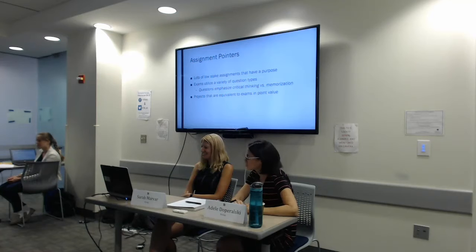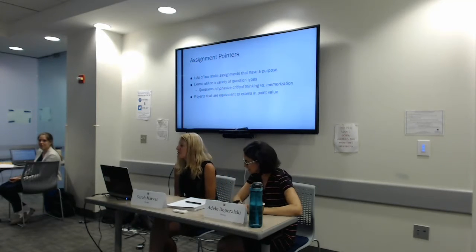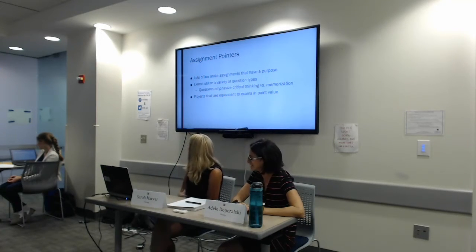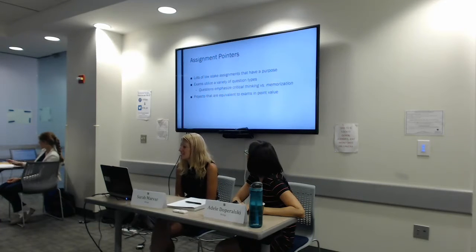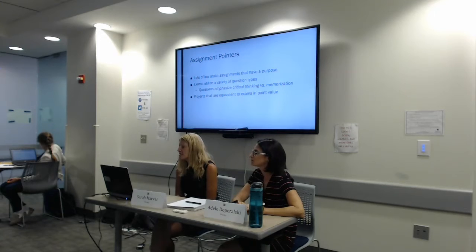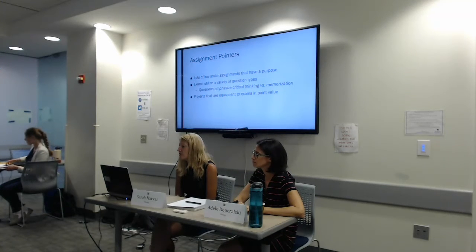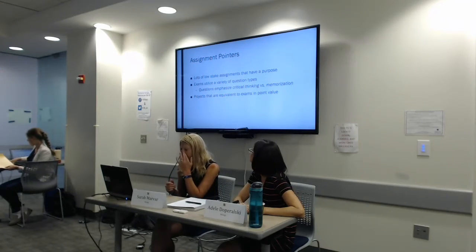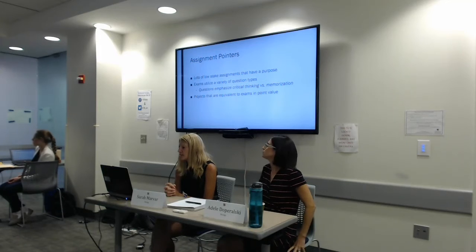So I think we have 1 minute. These are our thoughts on what we at least maybe do in a few courses in biology, or things that we feel sort of work for AU core science classes. So using a number of low-stake assignments, but that are not busy work, that have a purpose towards a specific learning outcome, or something that we think is important.